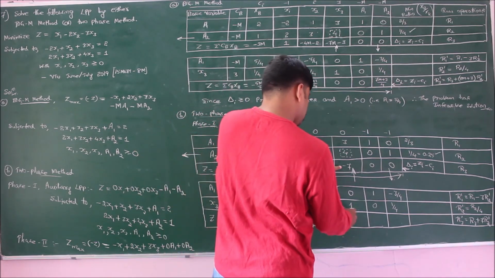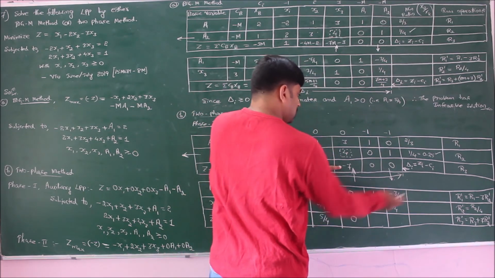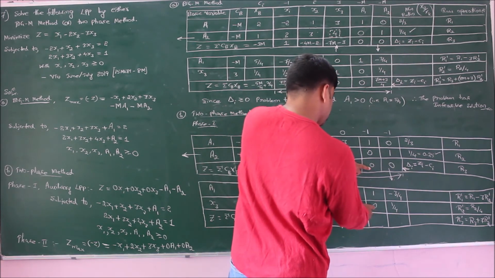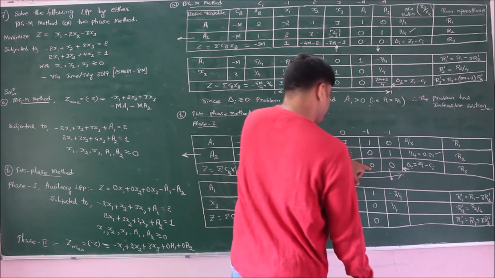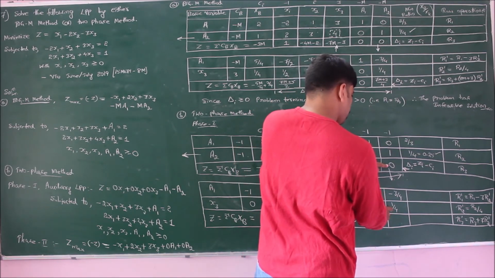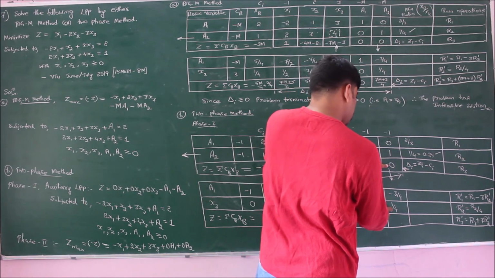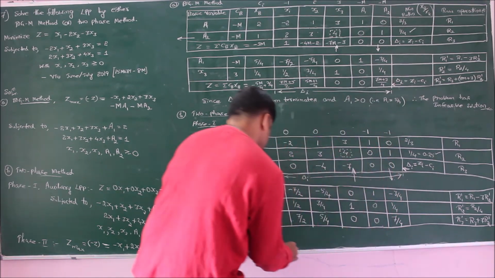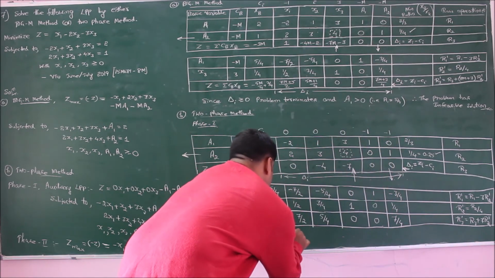Here we have 7, it will become 0. Based on that only we have written the row operations. We have 0 here, here also 0, it will become 0. Here I have 0 but here I have 1 by 4, so it will become 0 plus 7 by 4, which is 7 by 4. So we have done the row operation.